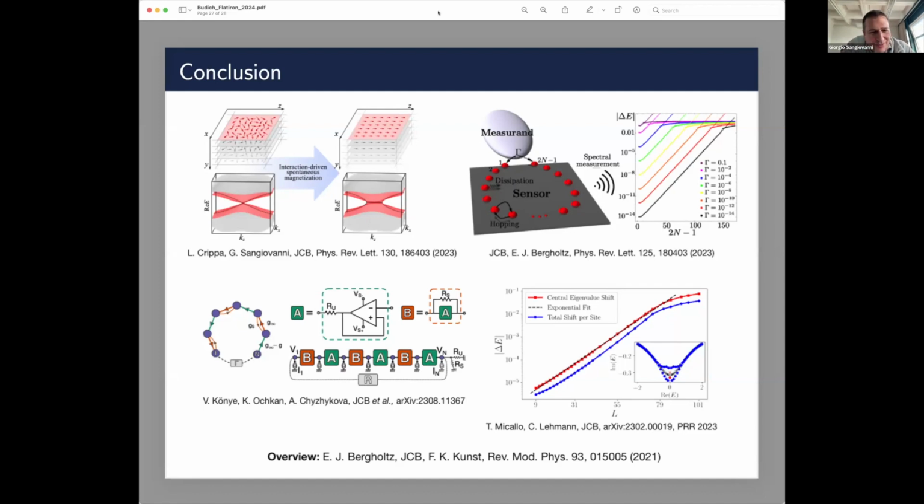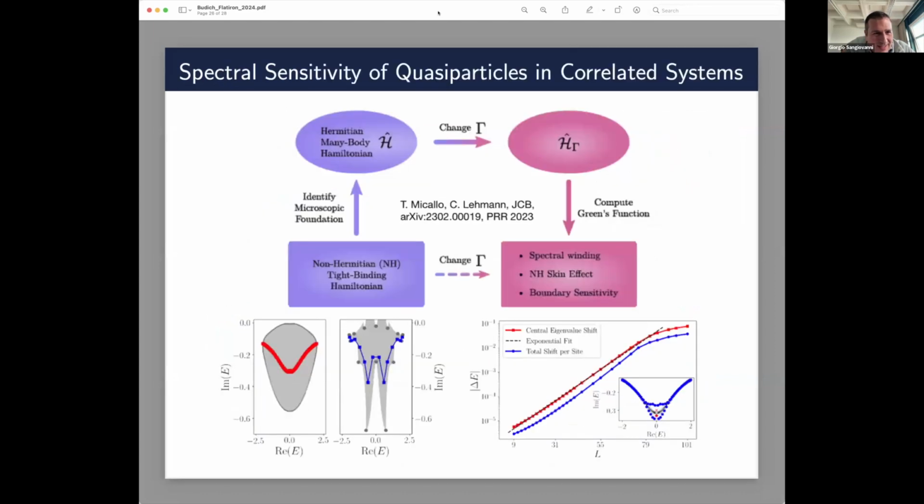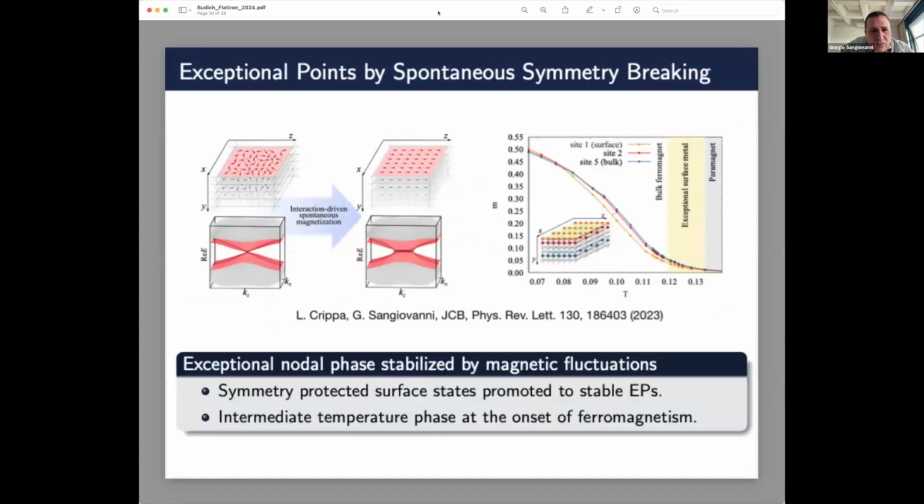While Jan was talking, I made a connection between the two talks, even though you said at the beginning that there is hardly any. This ferromagnetic phase that you were showing, if you can go back to that slide, is very close to quarter filling.